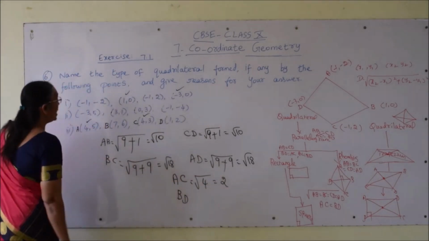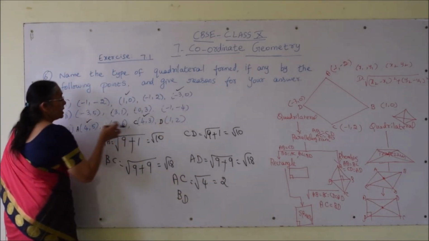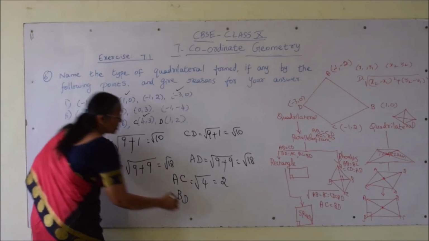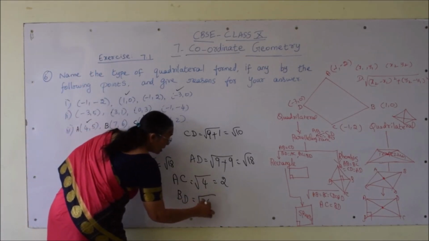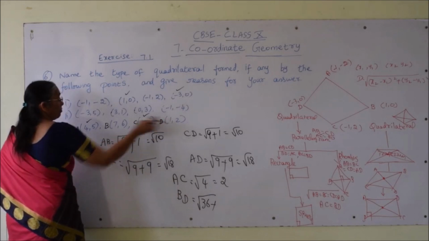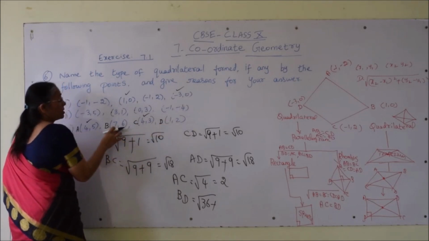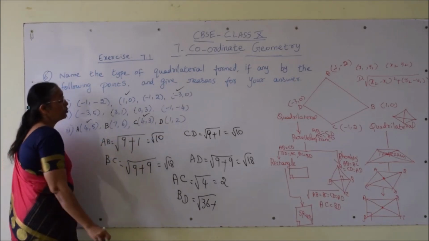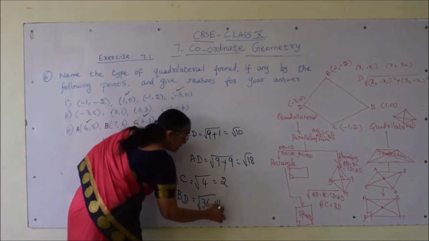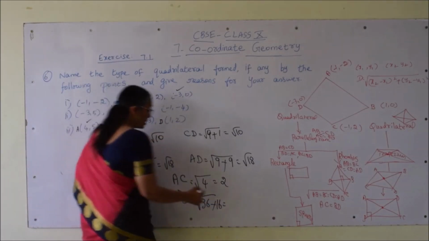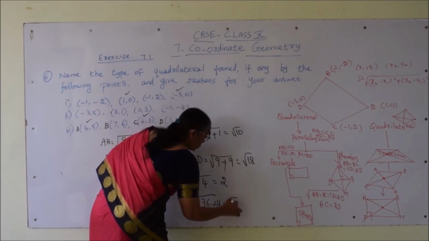Now, let us check BD diagonal length: 1 minus 7 is minus 6, whole square is 36, plus 2 minus 6 is minus 4, minus 4 whole square is 16. So, 36 plus 16 is root 52.